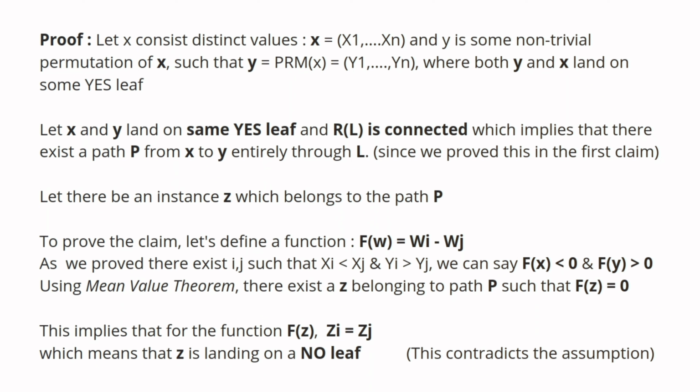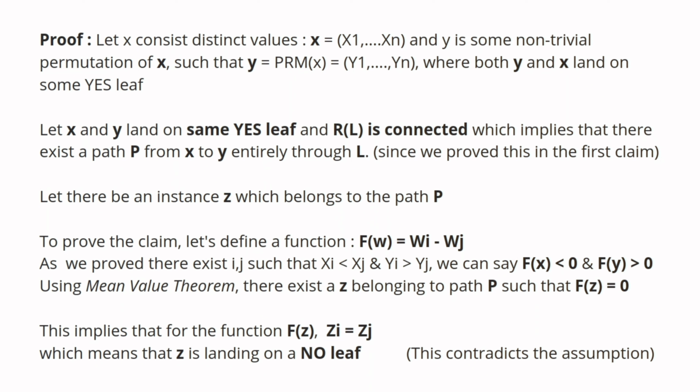This means that z is landing on a no leaf. Since z of i equals z of j, these are not distinct values. They are the same values, which means that z is leading to a path which is landing on a no leaf.